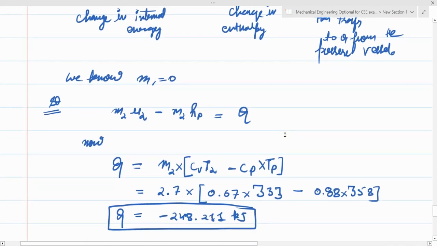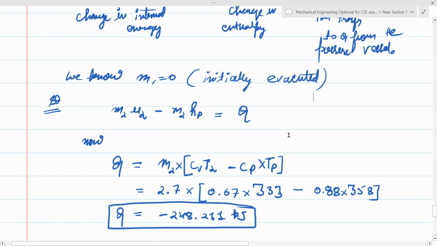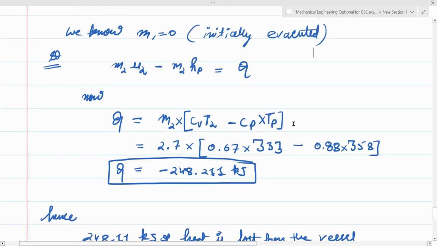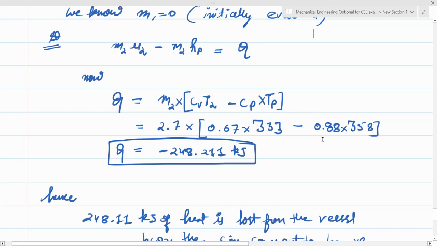Now we know that it is initially evacuated. That's why M1 was 0. Now M2U2 minus M2Hp comes out to be Q.